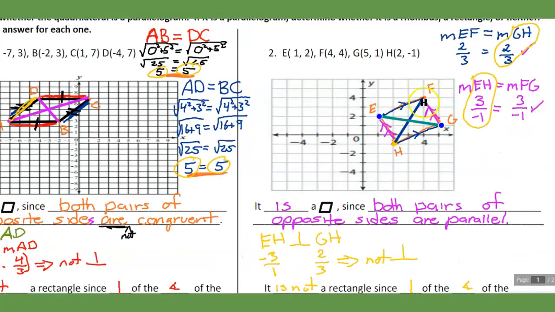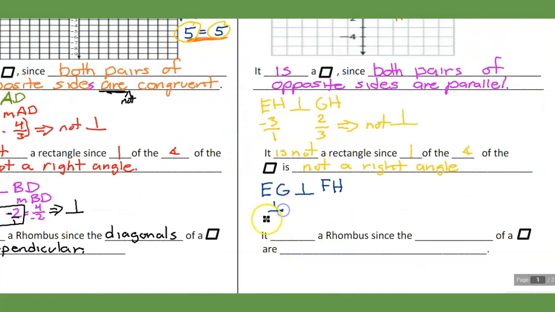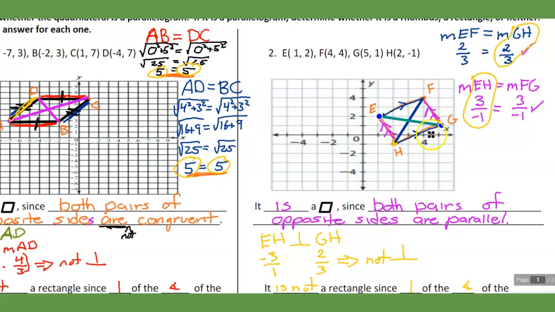So EG, we have to go up 1 and left 1, 2, 3, 4. So 1 over -4 for EG. And now do FH. So we have to go up 1, 2, 3, 4, 5 over 2. 5 over 2.